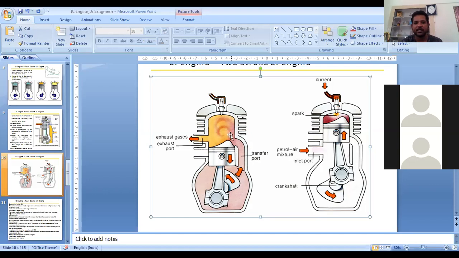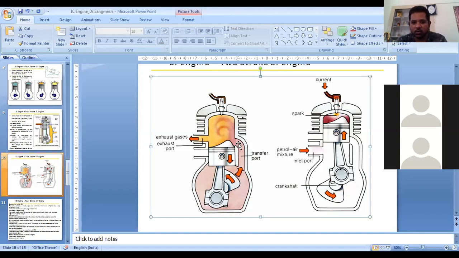So this arrangement will not allow the fuel and air mixture to mix with flue gases. This helps to avoid mixing of the flue gases with the fresh charge. Hope it is clear, friends. So this is what happens in the case of a two-stroke SI engine.